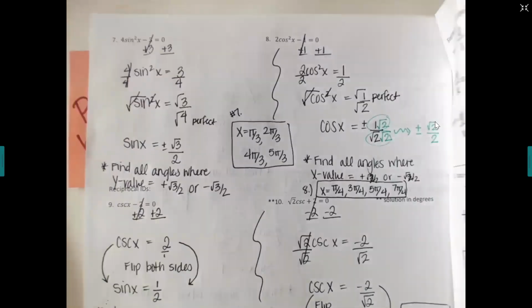Okay, last one. Let's do number 6. Number 6 is a cotan. What should we do first? Last question. What should we do, people? Minus 5.